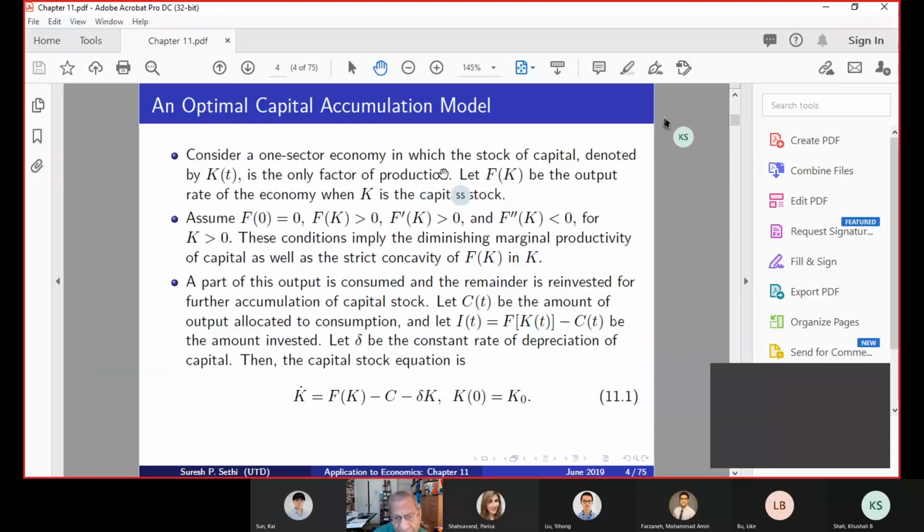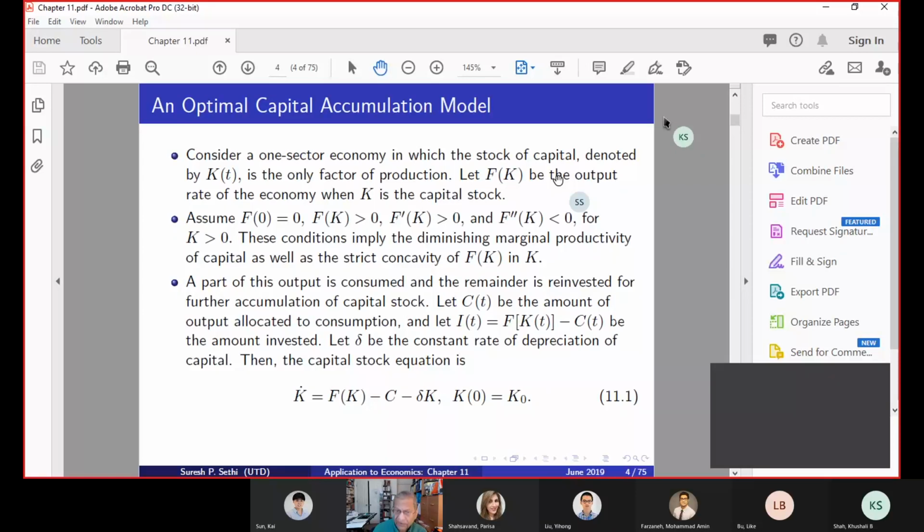Consider a one sector economy in which the stock of capital, denoted by K(t), is the only factor of production. Let F(K) be the output rate of the economy when K is the capital stock. This is called a production function.